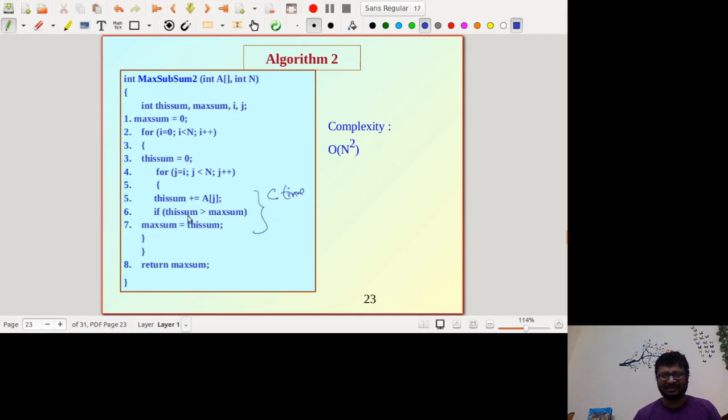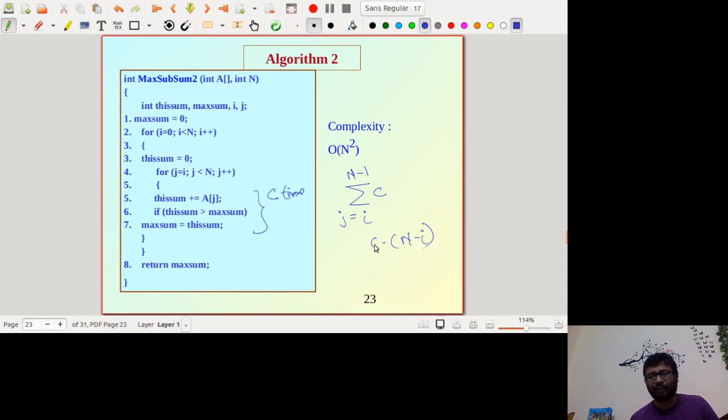It's basically an addition, an assignment, a comparison, another assignment, and so on. Whatever time it takes. So the total time is this c added from j equal to i to n minus 1, which is c times (n minus i). This is the amount of time.